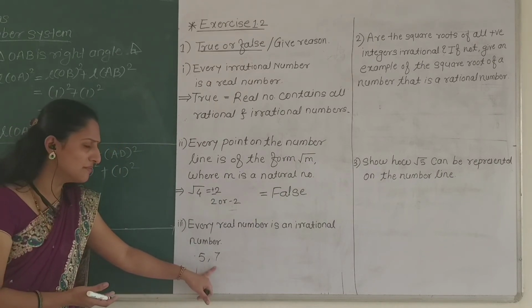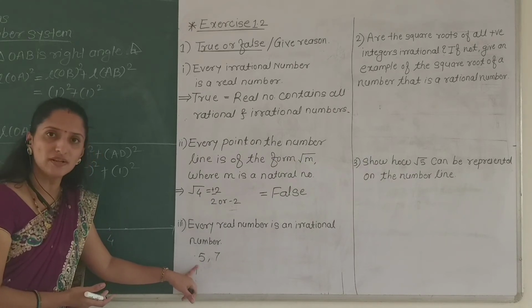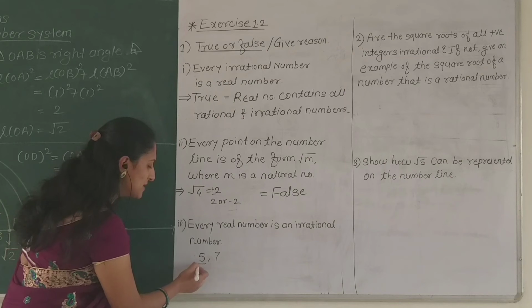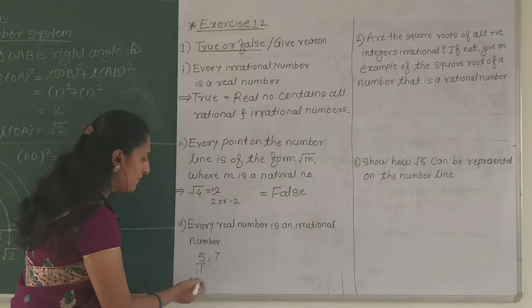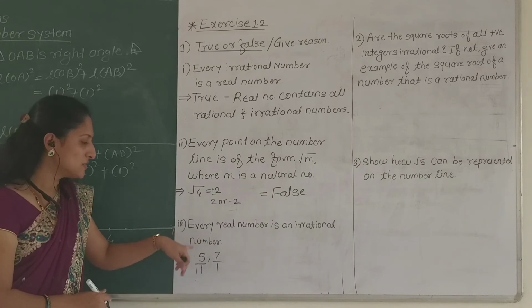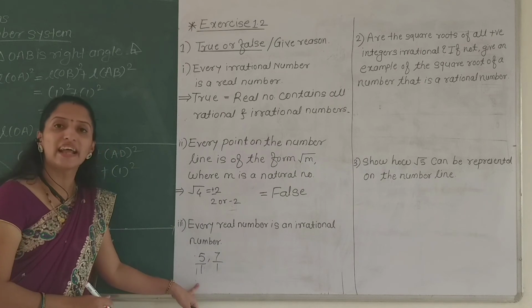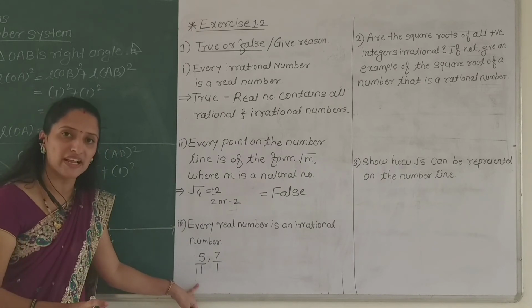Yes, it's a real number. But is 5 an irrational number? No, since we can express 5 in the form of 5 upon 1, and 7 in the form of 7 upon 1. So both 5 and 7 are real numbers, but they are rational numbers. They are not irrational numbers.